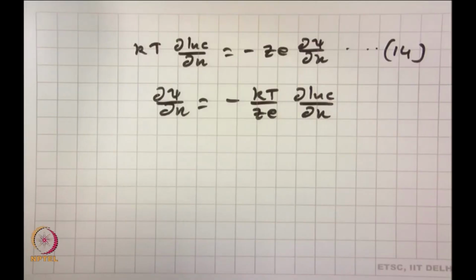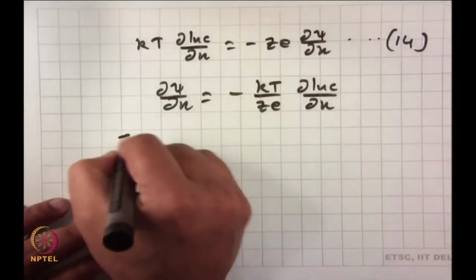only your flux, which is a combination of both your electrostatic potential and your concentration gradient. I mean the gradient of the electrostatic potential and the concentration. So, this can be integrated further.